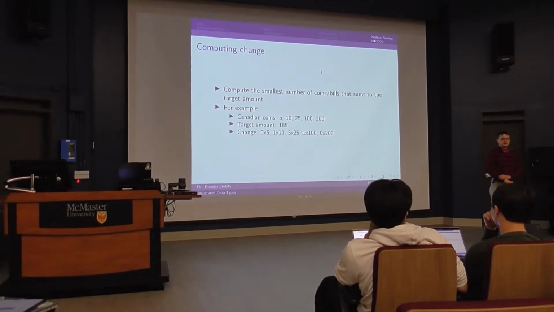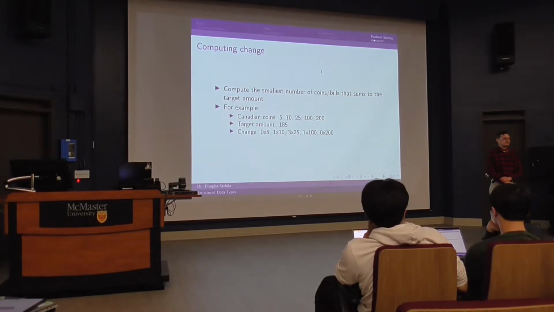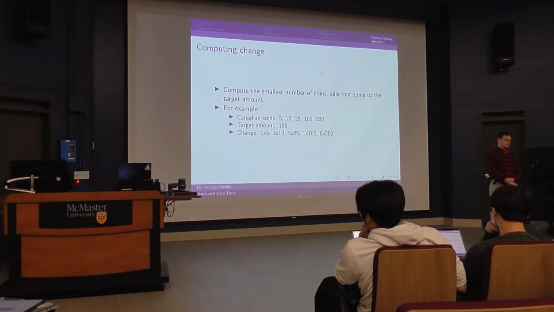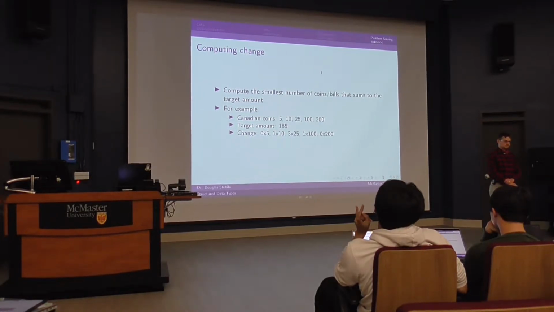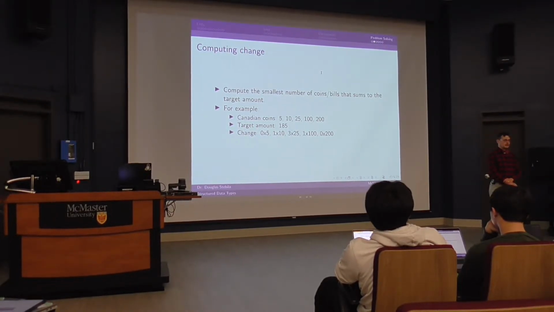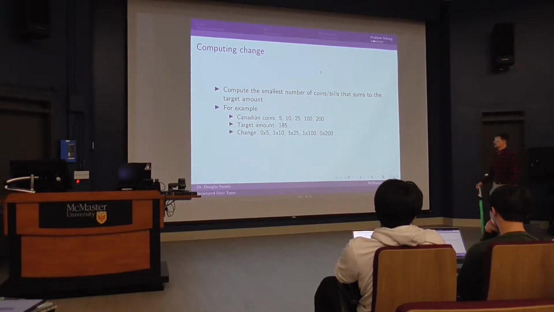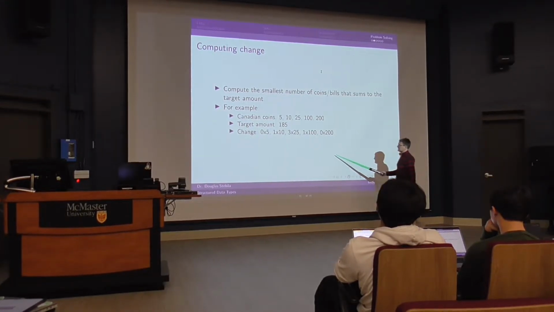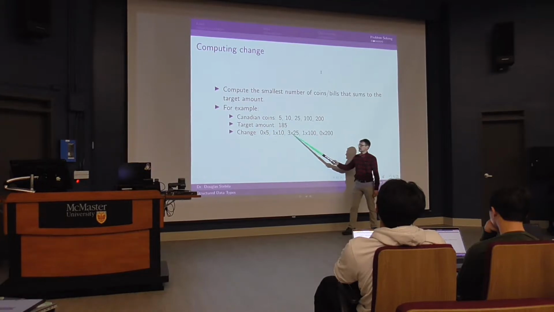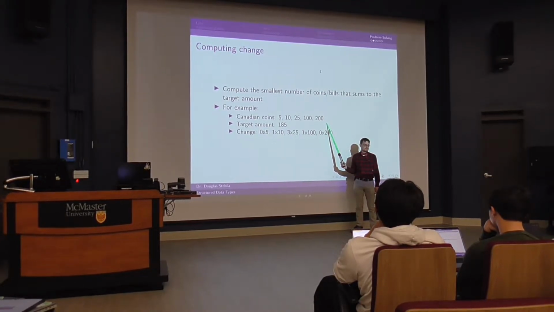The more mathematically astute of you may instantly realize that this is an underdetermined problem, right? In algebraic terms, we have a series of variables multiplied by the denominations of each coin.